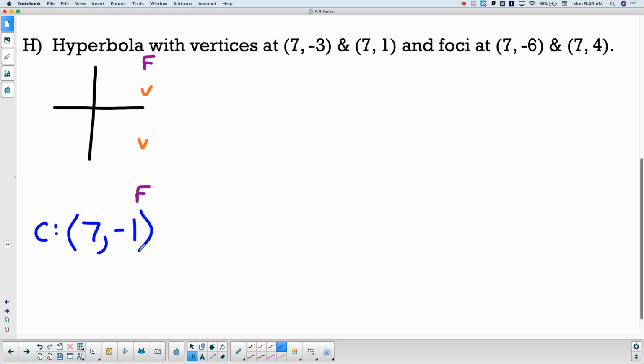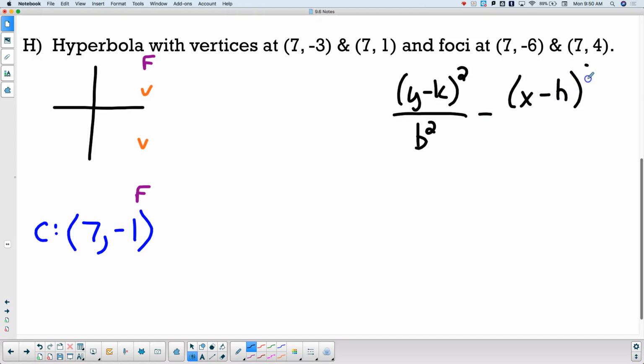Okay. Which way does this hyperbola open? Up and down. So that is going to be (y minus k) quantity squared all over b squared minus (x minus h) quantity squared all over a squared equals 1. I almost put equals there. With me?